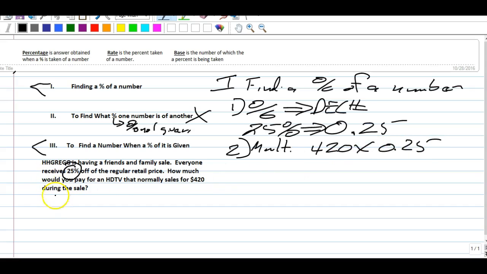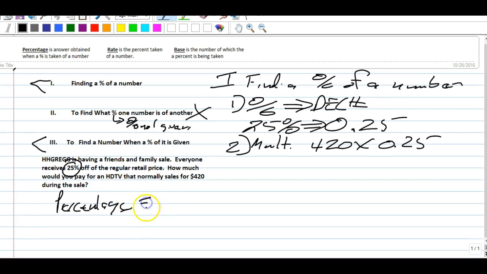Or if you're using the formulas that I gave you earlier, again, I don't want you to get caught up on this particular terminology. What we're looking for here is the percentage, and the percentage is equal to the base times the rate.